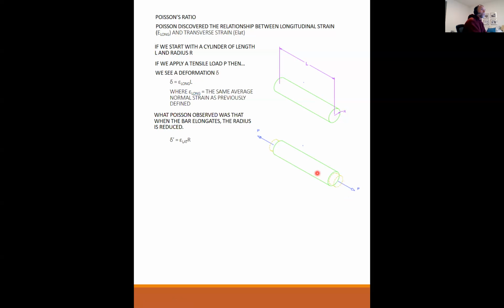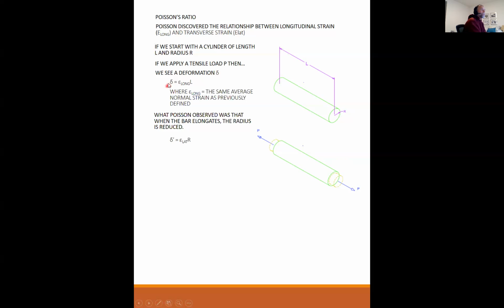What I call delta prime is the change in the radius, and delta prime is equal to the lateral or transverse strain times the original radius.